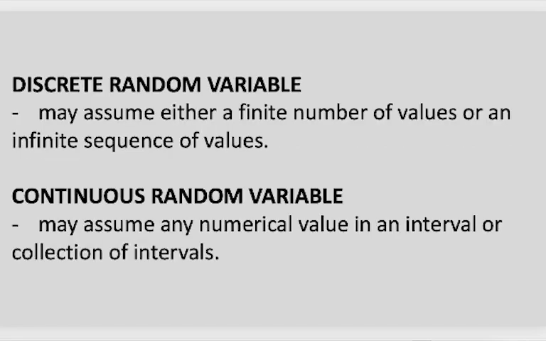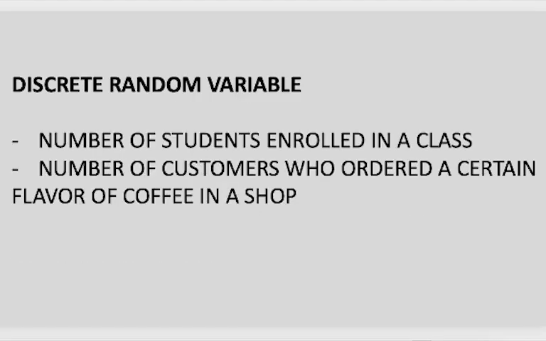For the types, we have the discrete random variable and the continuous. Discrete random variables are assumed to be a finite number of values or an infinite sequence of values. It is individually separated and distinct with each other. Examples of which are the number of students enrolled in a class.